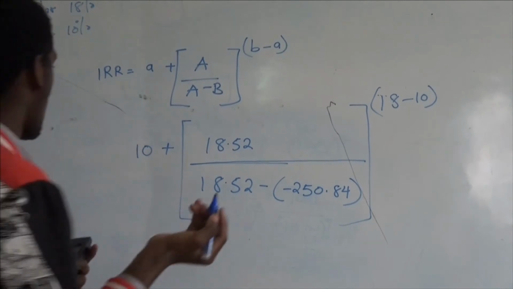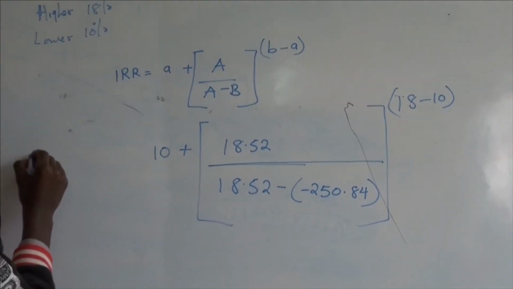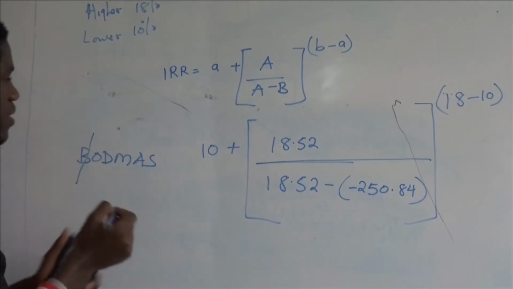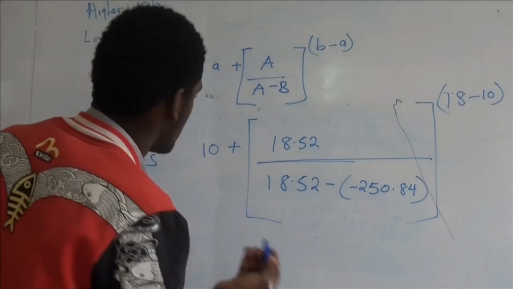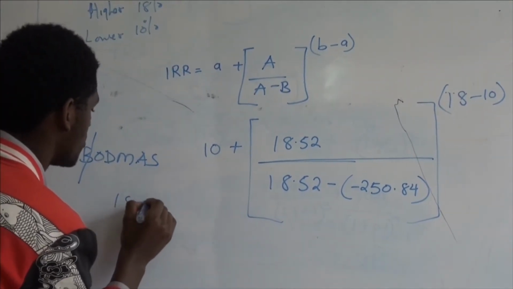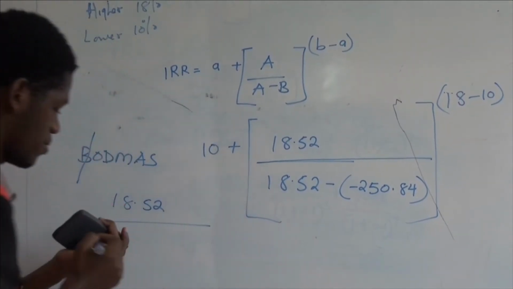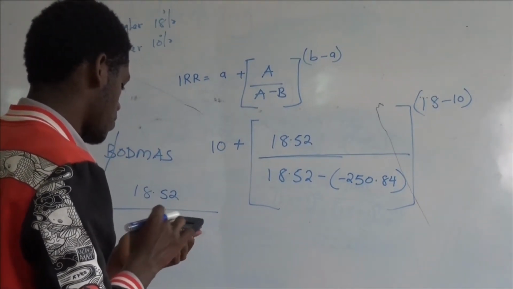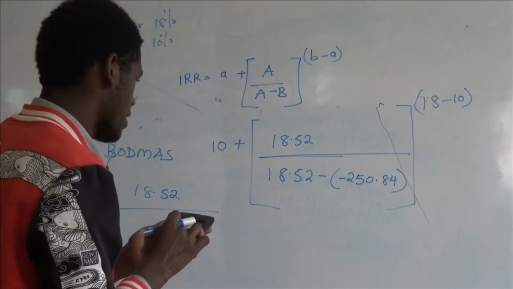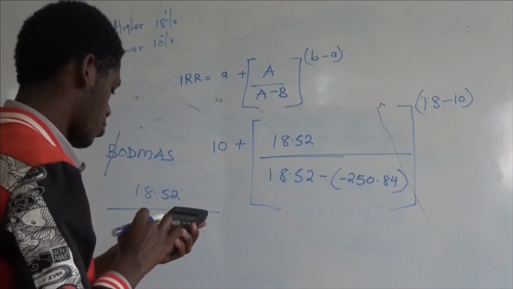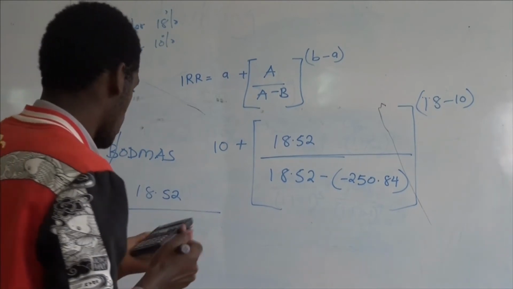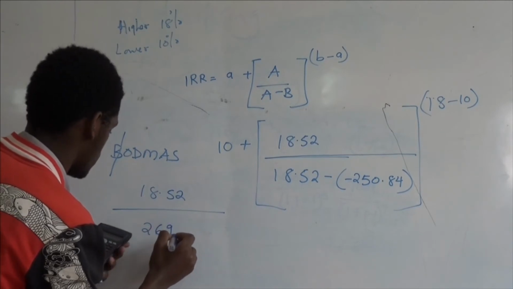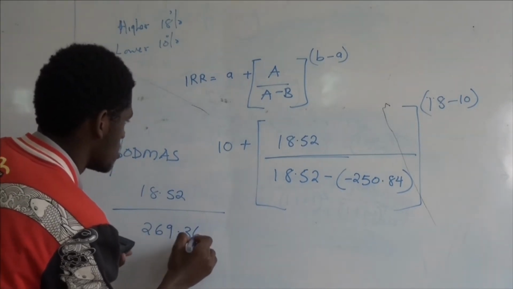So here, we will follow the BODMAS rule. We'll first start with the bracket. We'll break the bracket. So 18.52 minus negative 250.84, we get 269.36.